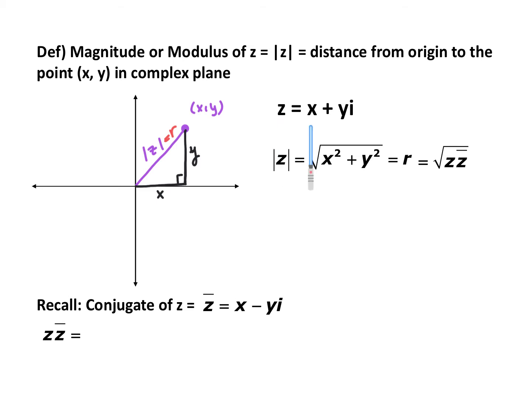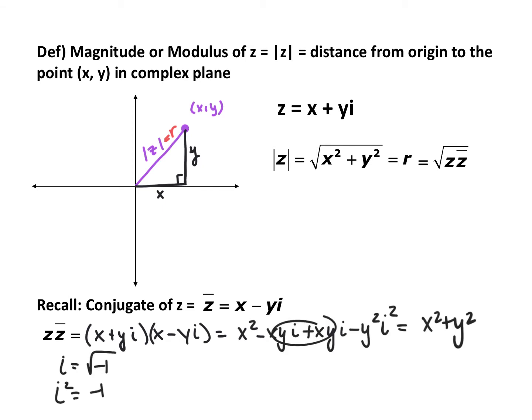So if z is x plus yi, then z bar, or the conjugate of z, would be x minus yi. If you multiply z times z bar, this part underneath the square root, you would get x plus yi times x minus yi. So go ahead and pause the video and multiply these out. If you multiply it all out, you end up with x squared minus xyi plus xyi minus y squared i squared.